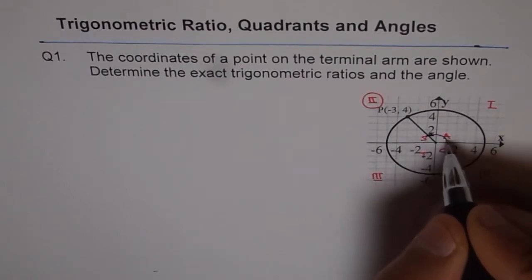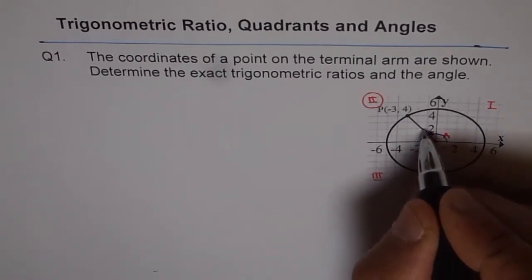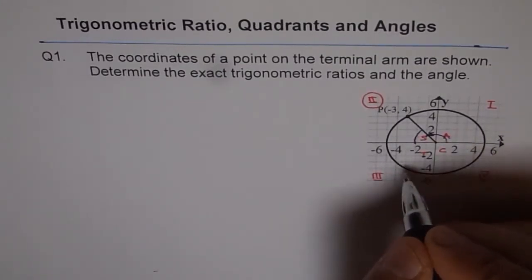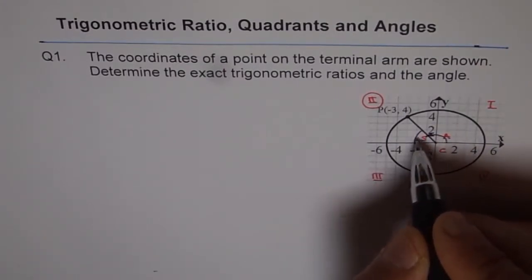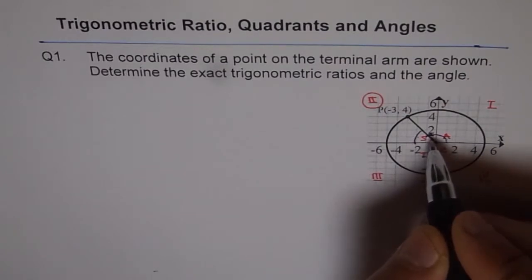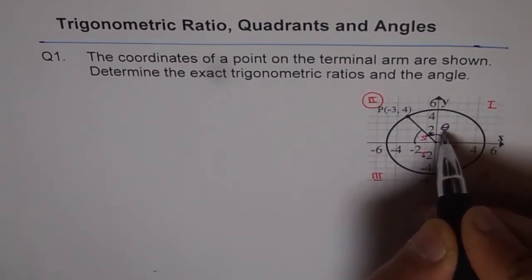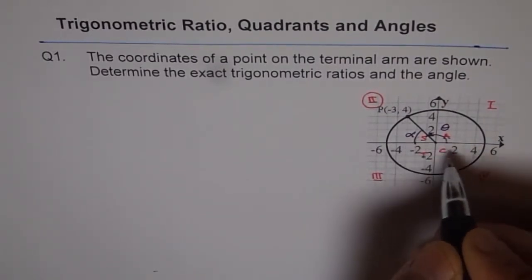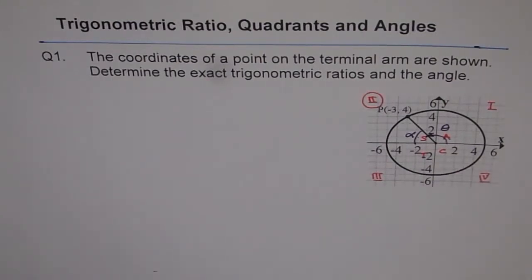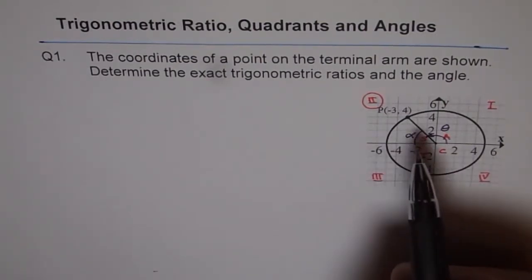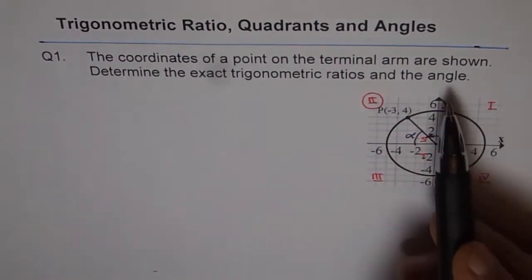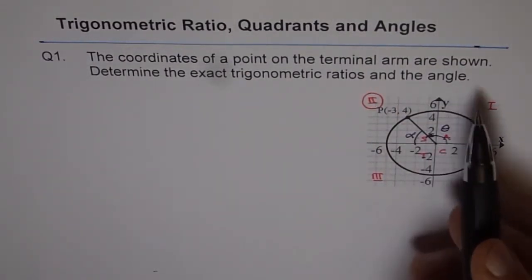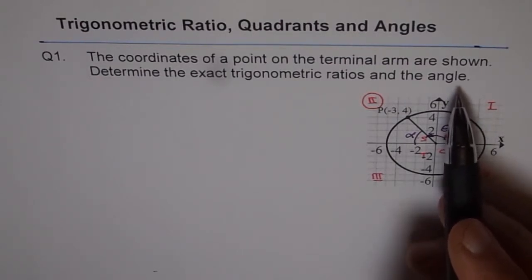To find it, we first find the acute angle. Once we find the acute angle, we take it away from 180 degrees and get the principal angle theta. We'll write this as theta and the acute angle as alpha. Since the accuracy is not given here, we'll assume a whole number.